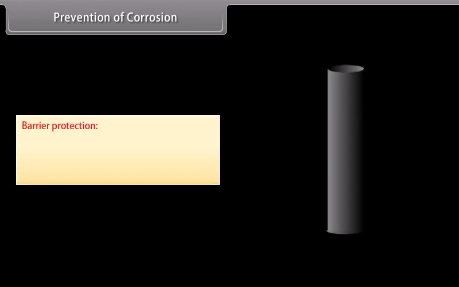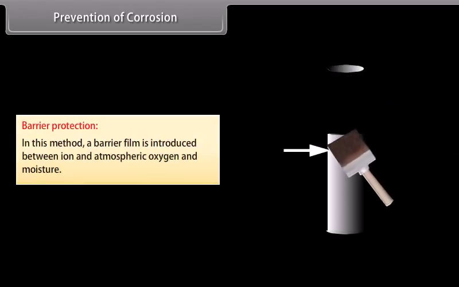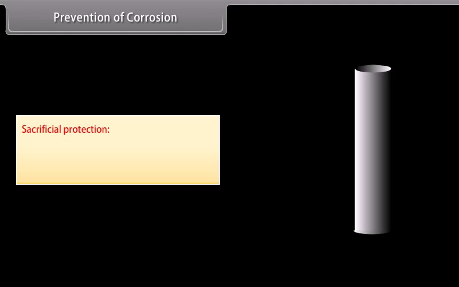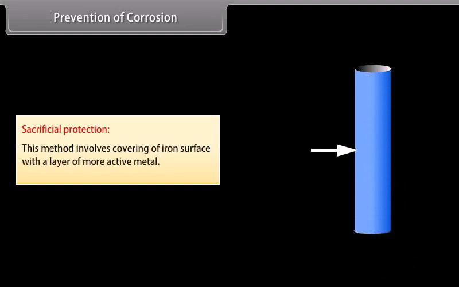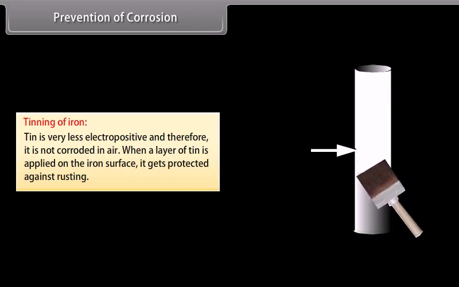Prevention of corrosion. There are many methods for protecting metals from corrosion. Some of these are as follows. Barrier protection. In this method, a barrier film is introduced between iron and atmospheric oxygen and moisture. Sacrificial protection. This method involves covering of the iron surface with a layer of more active metal. Tinning of iron. Tin is very less electropositive and therefore it is not corroded in air.